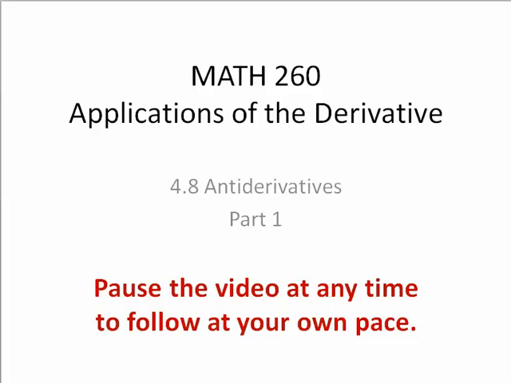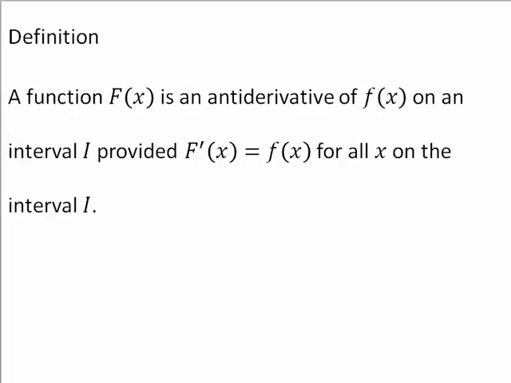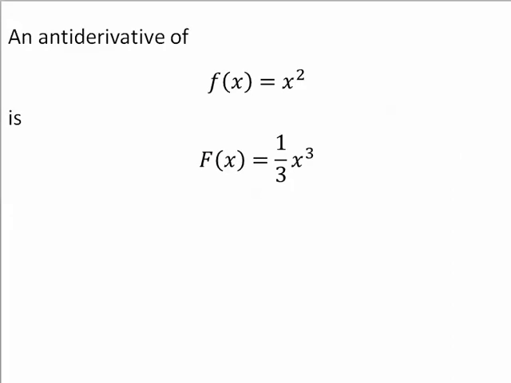Antiderivatives Part 1. A function, big F, is an antiderivative of little f on an interval provided the derivative of big F is equal to little f. Let's do an example. An antiderivative of x squared is 1/3 x to the third power.